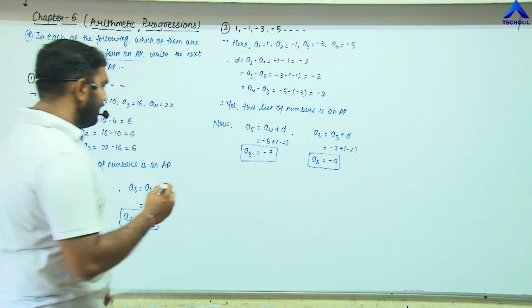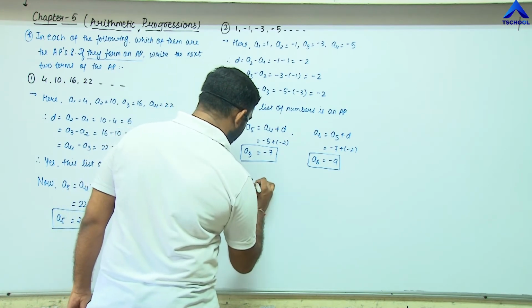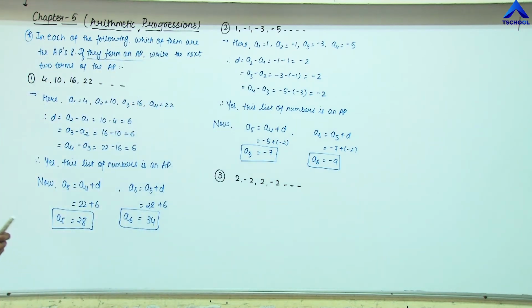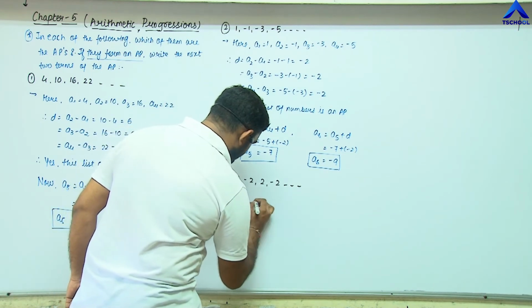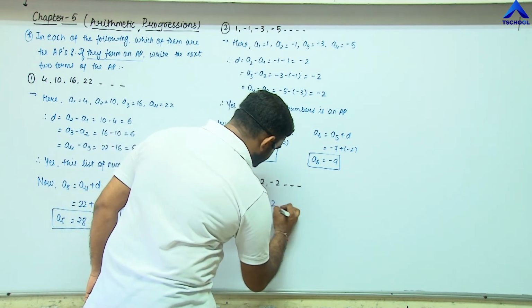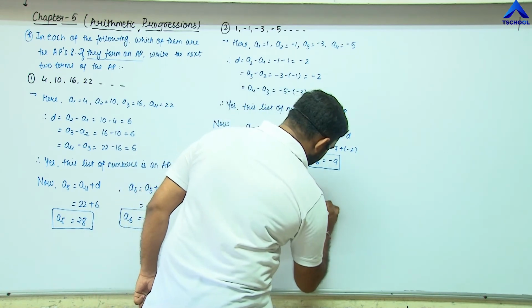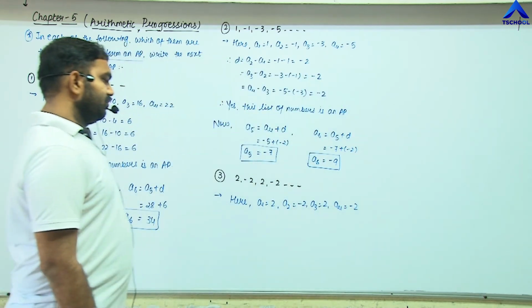Next, I am having a question here. The third one, that is 2, minus 2, 2, minus 2 and so on. This is the list of numbers. First of all, a1 equals 2, a2 equals minus 2, a3 equals 2, and a4 is again minus 2.